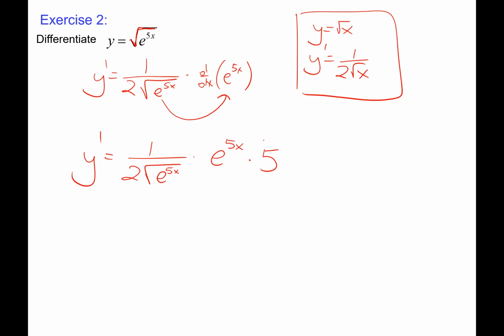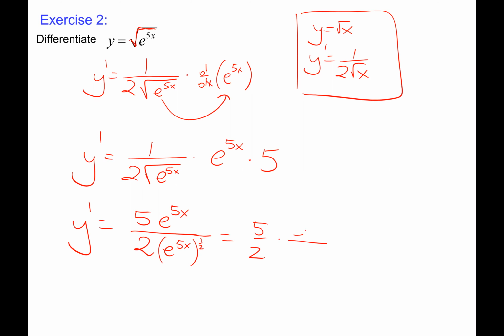We can definitely simplify using algebra. I can put 5 and e to the power of 5x together. And actually square root means that we're taking everything to the power of half. So 5 e to the power of 5x over 2 e to the power of 5x over 2.